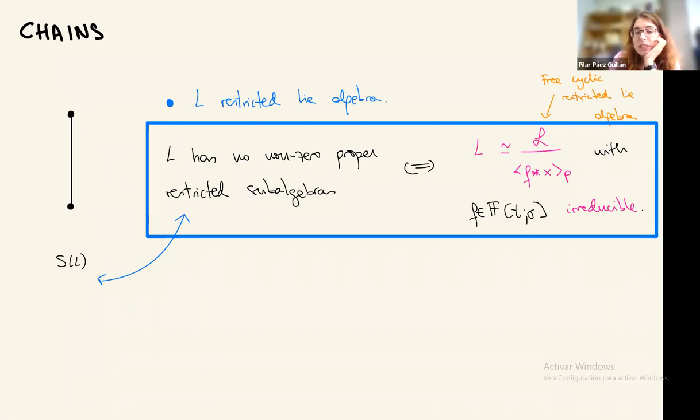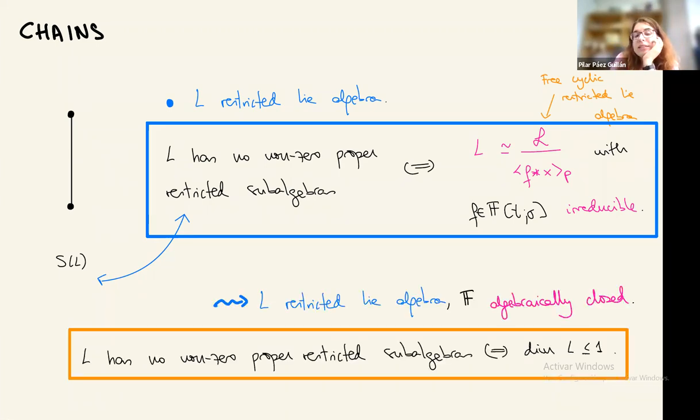And once we have this, if we stick to the algebraically closed case, we have a nice consequence: my restricted Lie algebra won't have any proper restricted subalgebras if and only if the dimension of the algebra is less than or equal to 1.